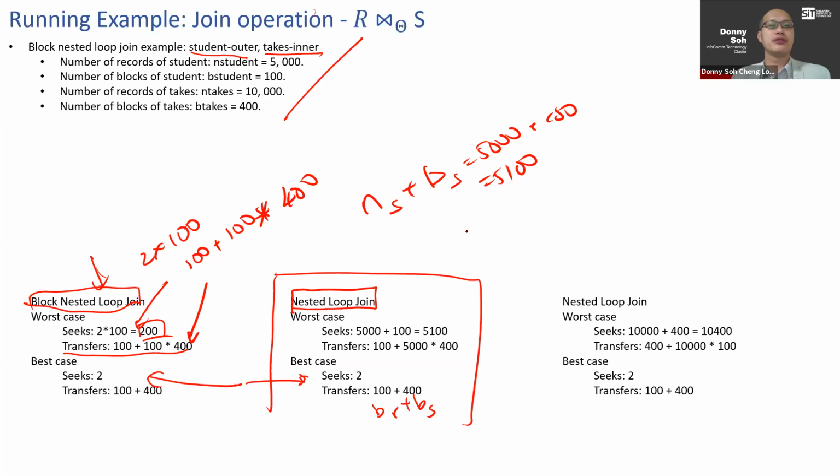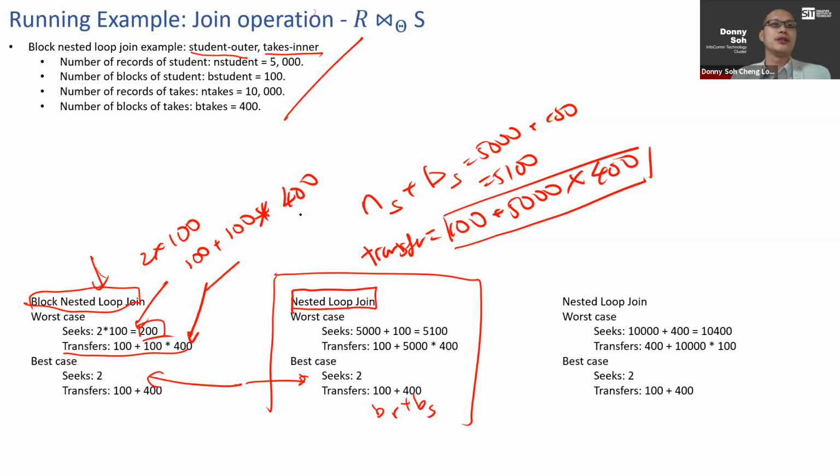The number of transfers equals the number of blocks of my outer loop first, plus the number of tuples in my outer loop times the number of blocks in my inner loop. So you can tell this is a very expensive operation.